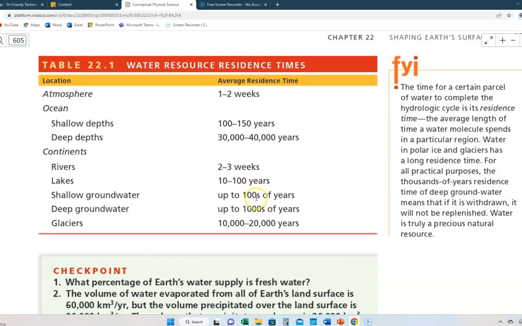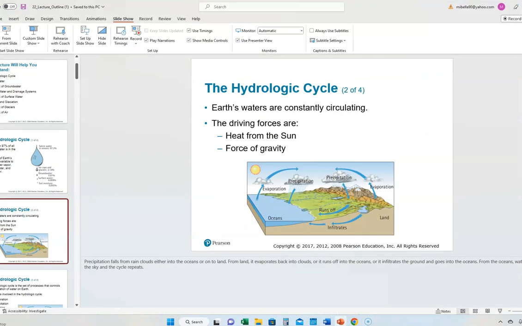The much deeper groundwater can remain there for thousands of years, and then we get to glaciers. The water that's locked up in glaciers can be there for anywhere from 10 to 20,000 years.